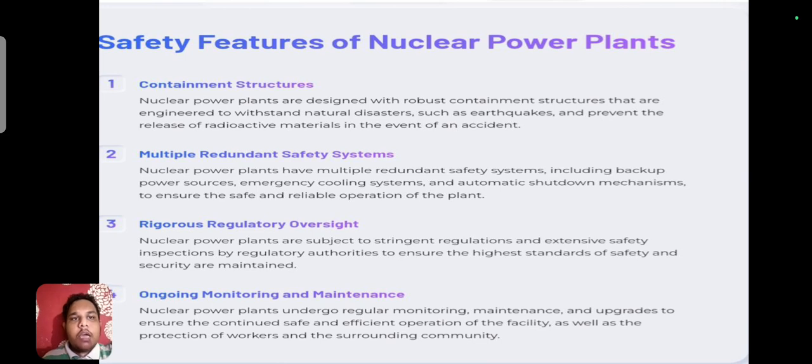Nuclear power plants are subject to stringent regulations and extensive safety inspections by regulatory authorities to ensure the highest standards of safety and security are maintained. Ongoing monitoring and maintenance. Nuclear power plants undergo regular monitoring, maintenance, and upgrades to ensure the continued safe and efficient operation of the facility, as well as the protection of workers and the surrounding community.